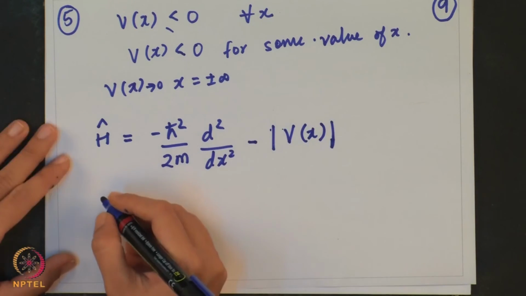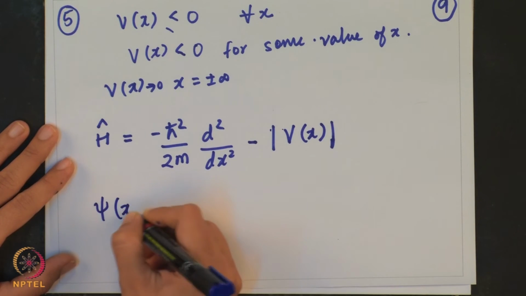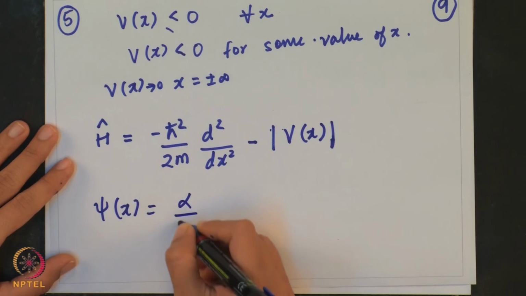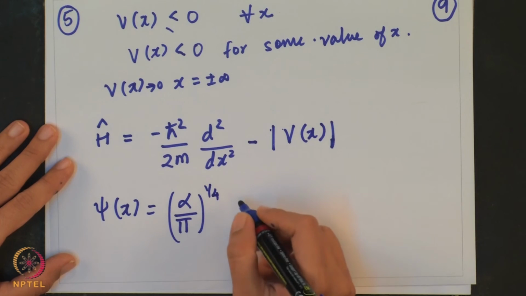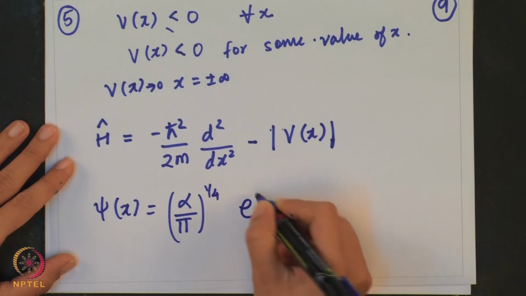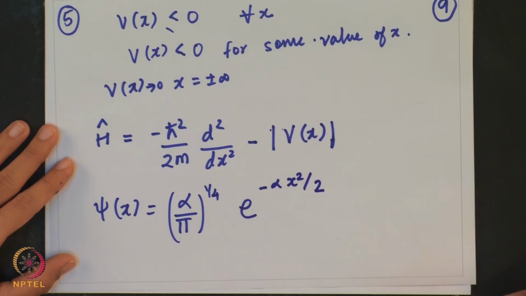Now, I want to use the trial wave function, (alpha upon pi) raised to 1 by 4, that is the fourth root, times e raised to minus alpha x square by 2.